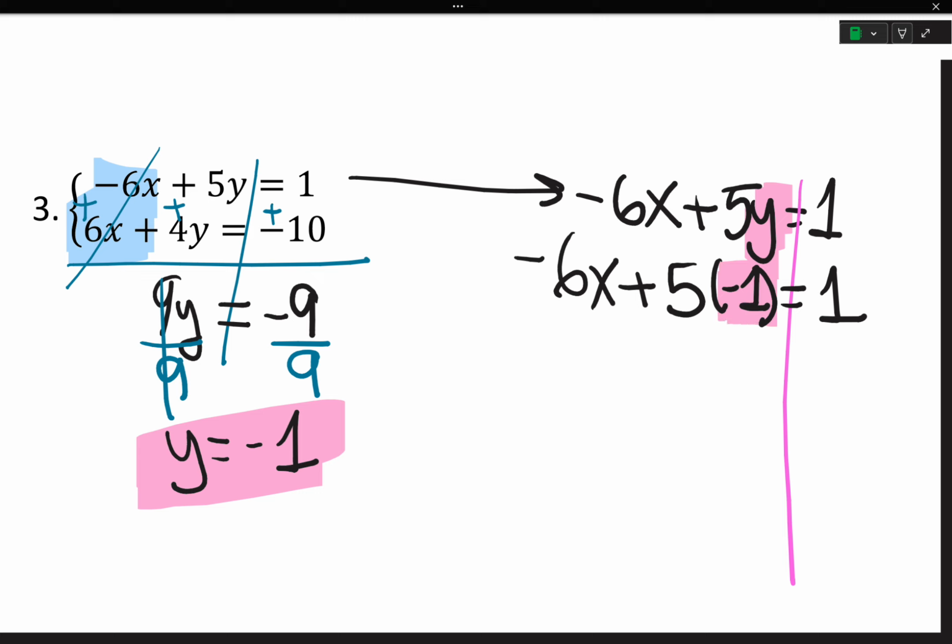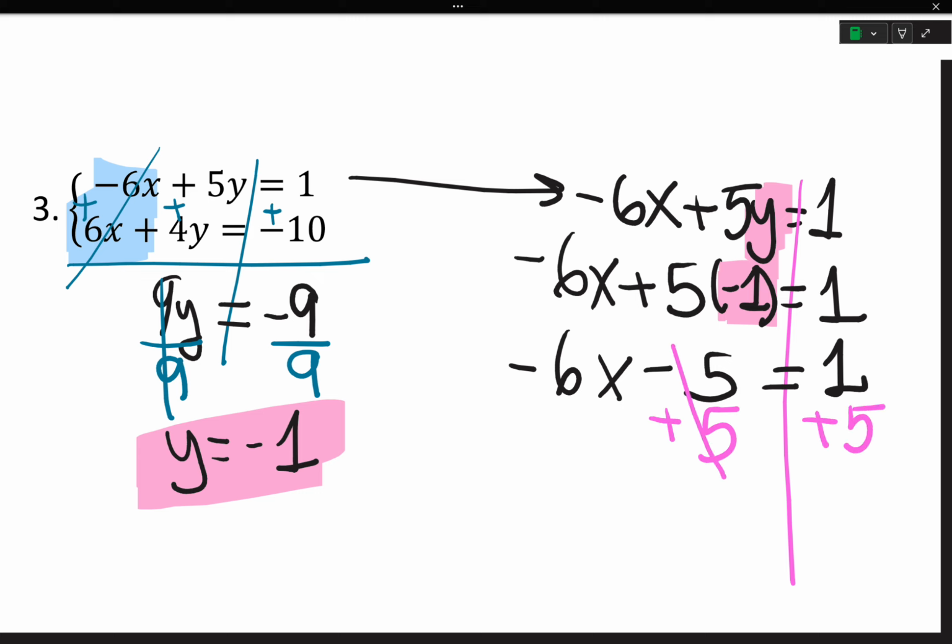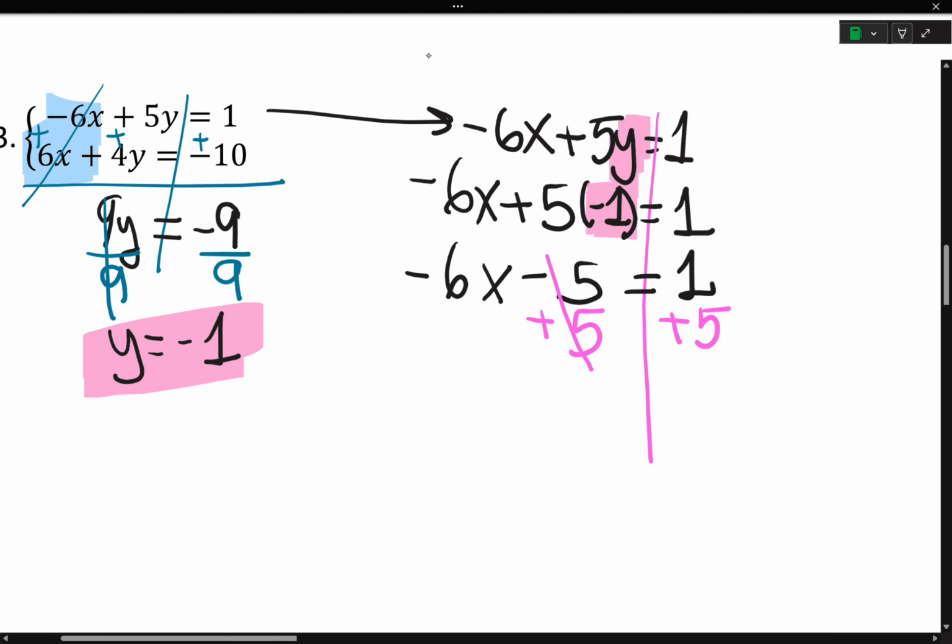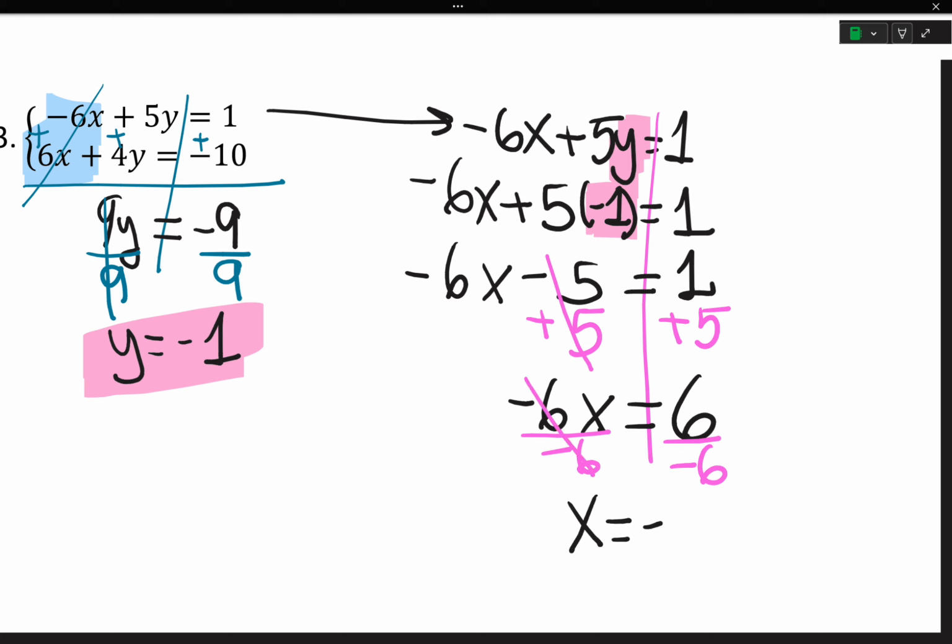Let's multiply. 5 times negative 1 is negative 5. So I have negative 6x minus 5 equals 1. Let's add 5 to undo the subtraction. So now we have that negative 6x equals 6. And of course, we're going to finish by dividing both sides by negative 6 to get x equals negative 1.